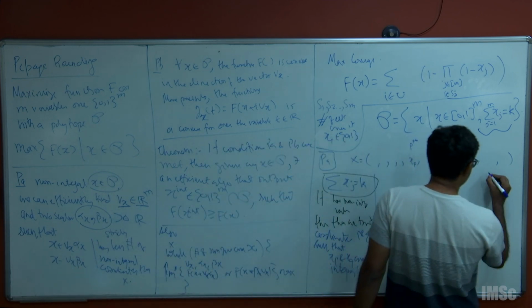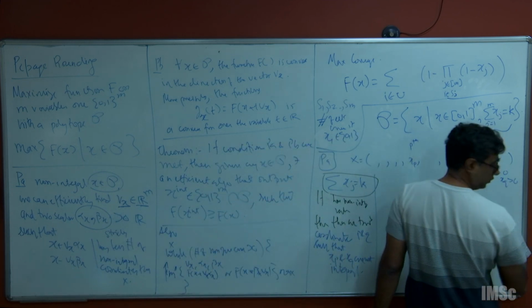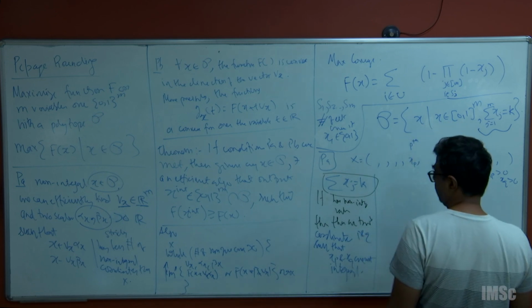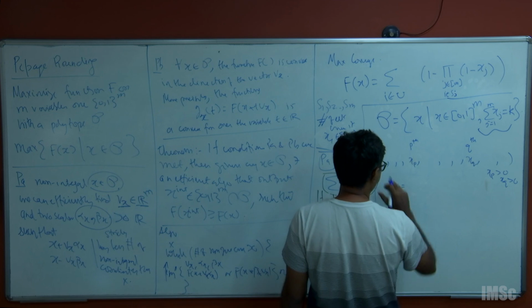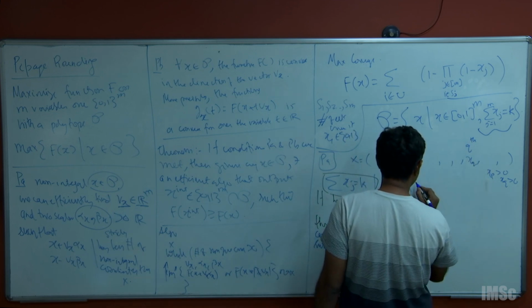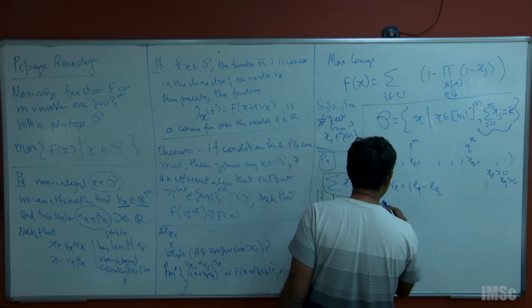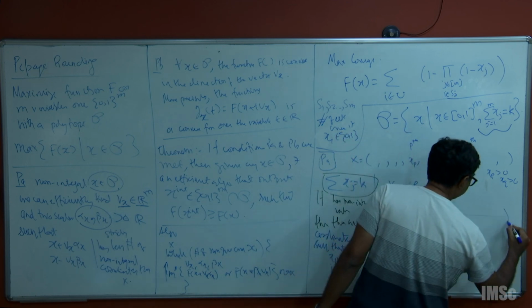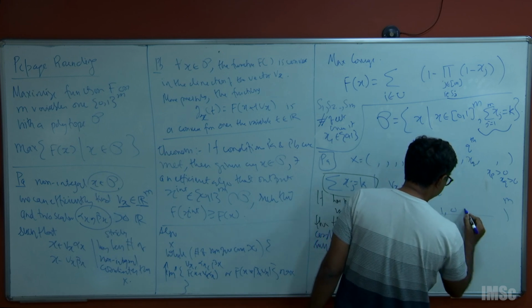So what you know is that xp is greater than 0, xq is greater than 0. Now let me first tell you the vector Vx. Vx is going to be EP minus EQ. What is EP? EP is a vector of length m with the pth coordinate 1 and 0 everywhere else.